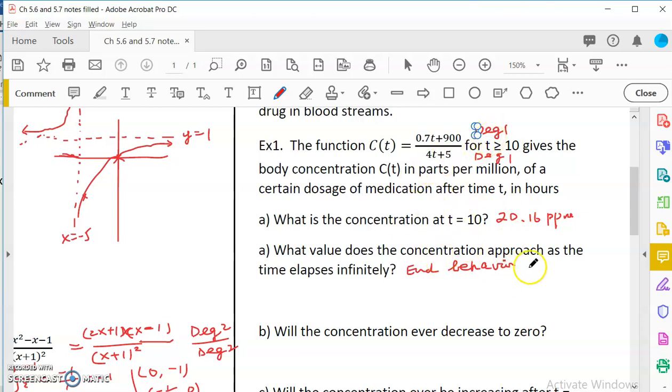We are looking at end behavior, that is the horizontal asymptote, and because they have the same degree, the horizontal asymptote would be y equal to the ratio of their leading coefficients, which is 0.7 over 4. 0.7 over 4 is 0.175. So the value would drop from 20 ppm to 0.175 ppm, and stay there forever as time approaches infinity.